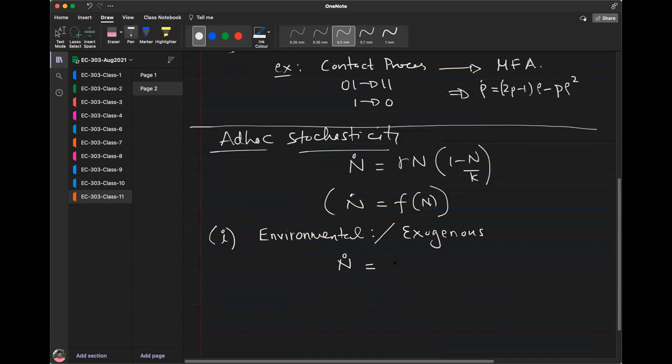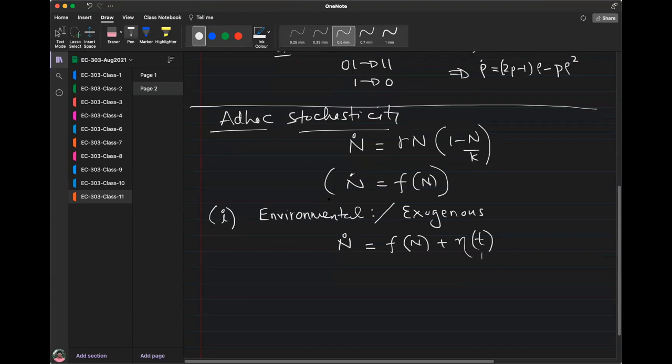What we do is we just add a noise term, where eta t is a Gaussian white noise.